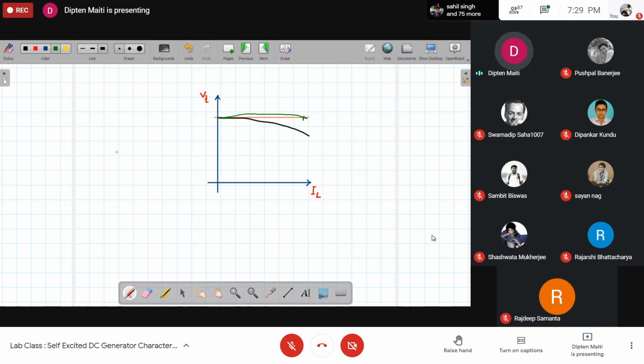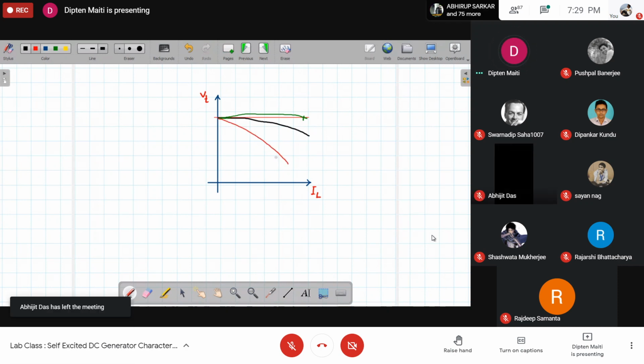So for the differential compound machine, the terminal voltage would drop much faster, something like this. Beyond a certain point, you would not be able to load the differential compound generator. If you try to load, the terminal voltage reduces further, so your load current would remain more or less the same and you will not be able to load further.